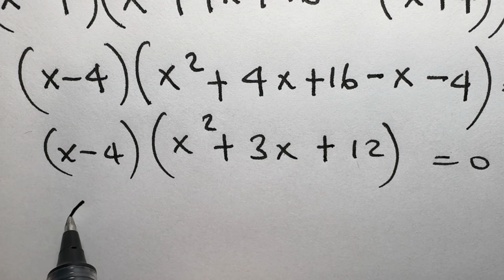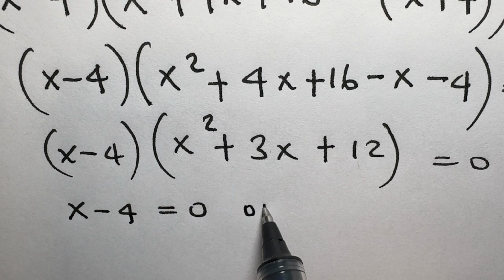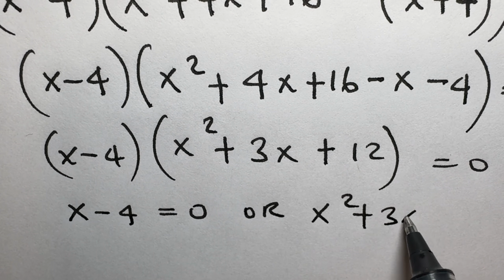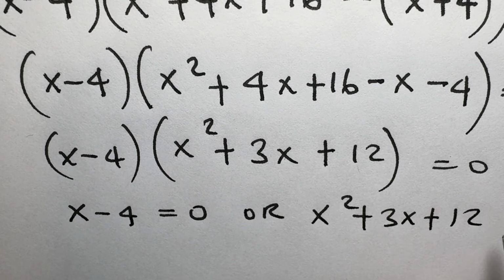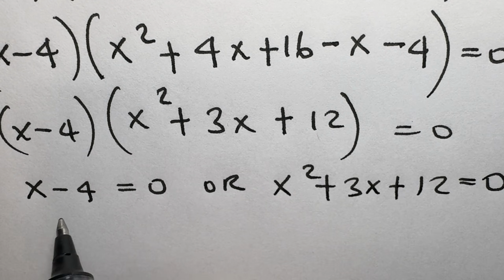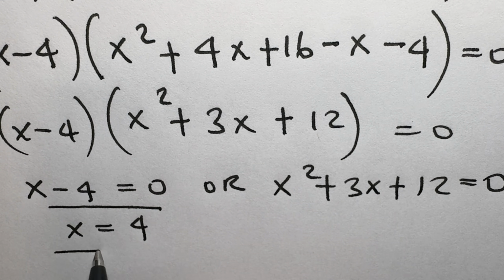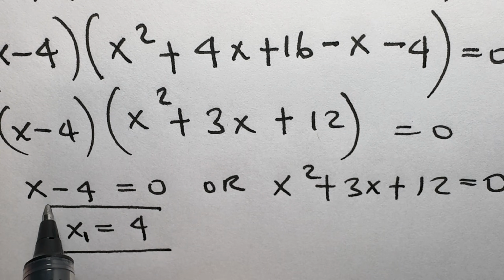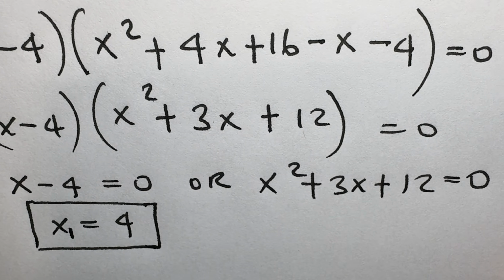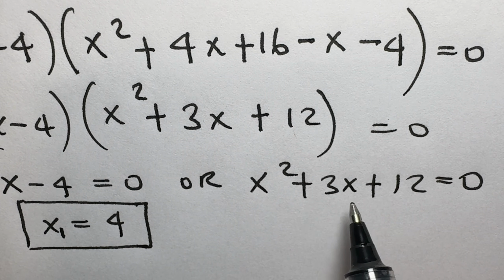So this means that either x minus 4 is equal to 0, or this x squared plus 3x plus 12 is equal to 0. So from here, x is equal to 4. We call this x1. That's the first solution to this problem. Now let us go and solve this quadratic equation to get the other solutions.